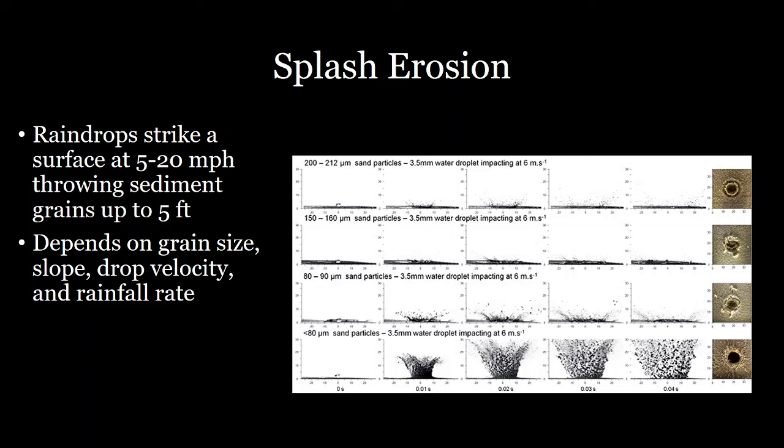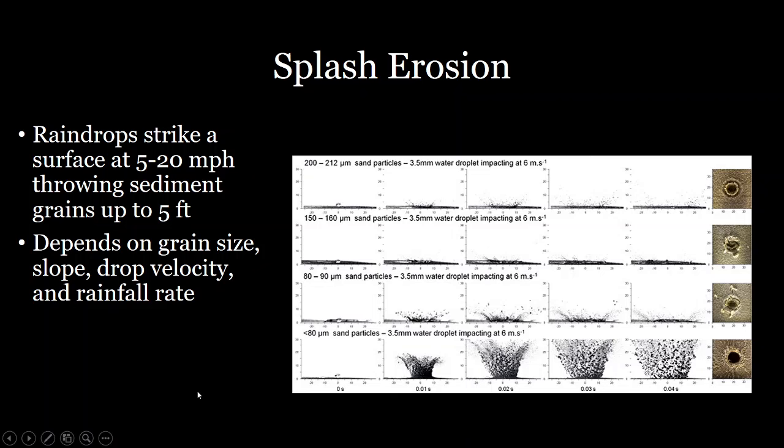It's easier to transport a grain that's on a steep slope because it requires just a little bit of energy to have it start rolling down that slope. Additionally, the velocity of the raindrop is obviously important. The faster it falls, the more easily it can erode material, and also the rainfall rate. If the surface is constantly pummeled by rain, then it can more so erode the surface.